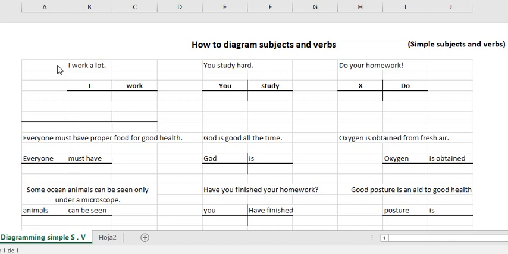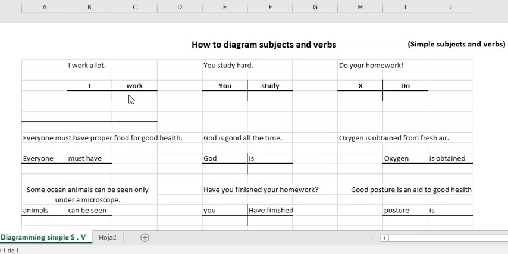What do we need to do in order to diagram simple subjects and verbs? First, we have to identify the subject and the verb. When we have identified the subject and the verb, we diagram the baseline. This one here, the baseline.